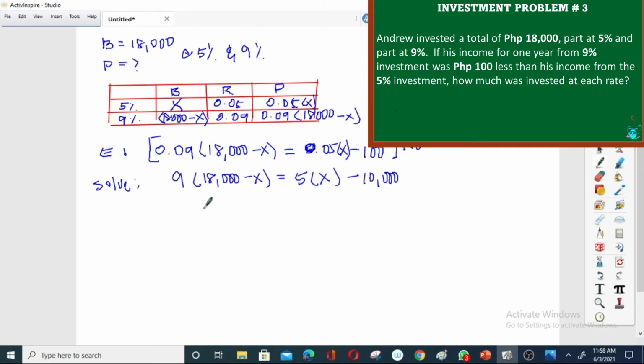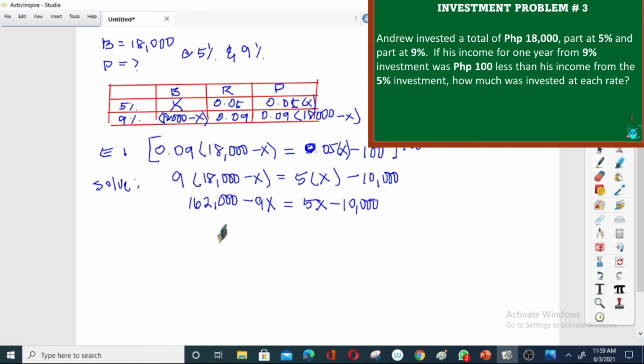Let us start: 18,000 times 9 is 162,000, minus 9x is equal to 5x minus 10,000.